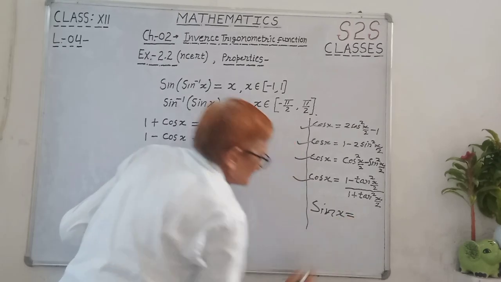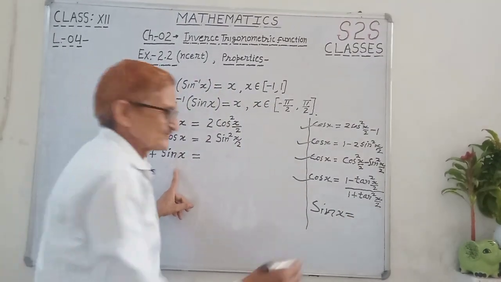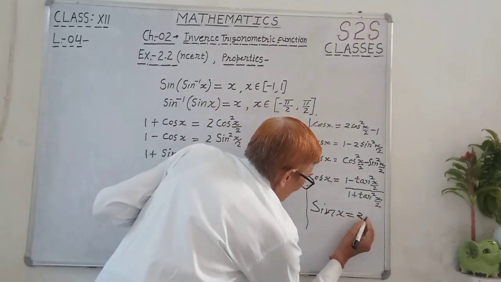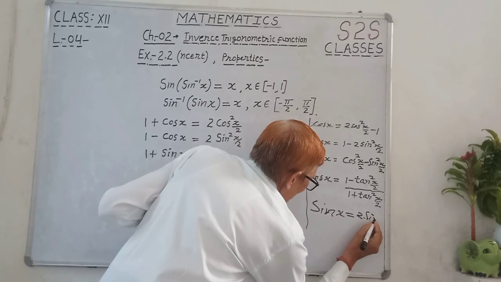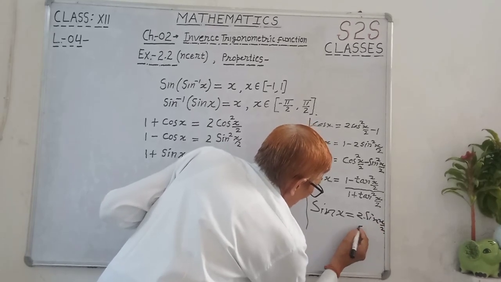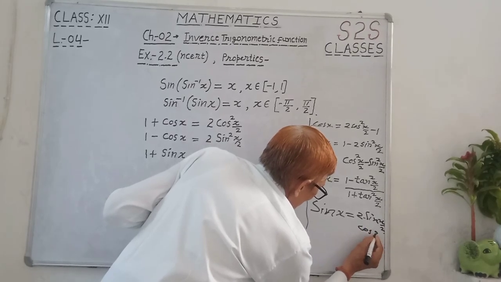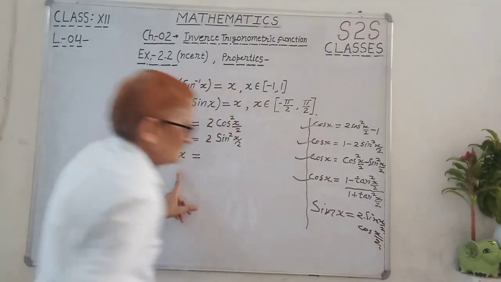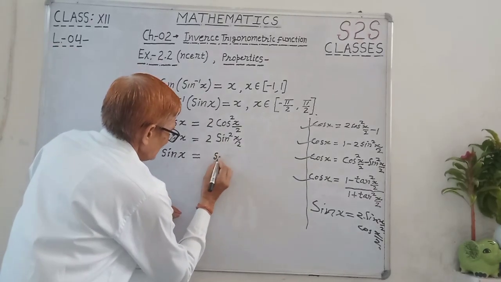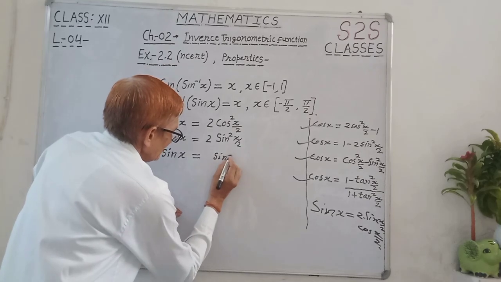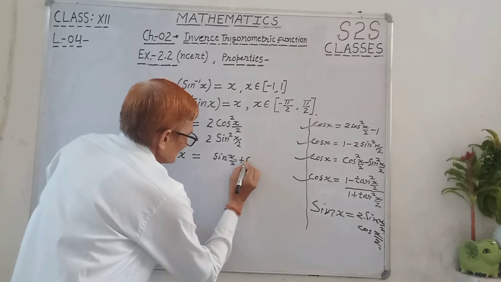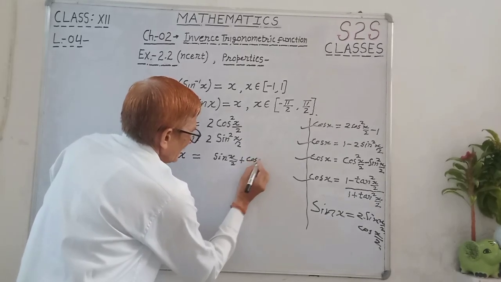So 1 plus sin x is sin x by 2 plus cos x by 2 whole square.